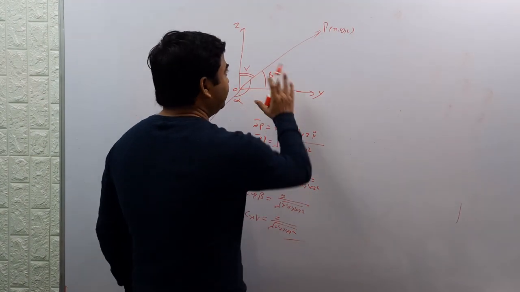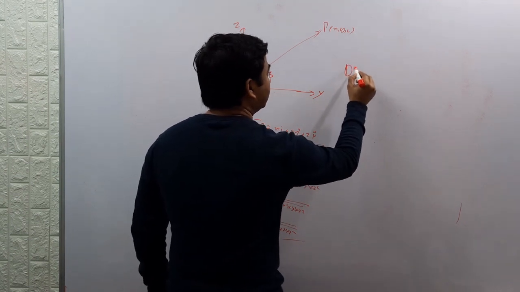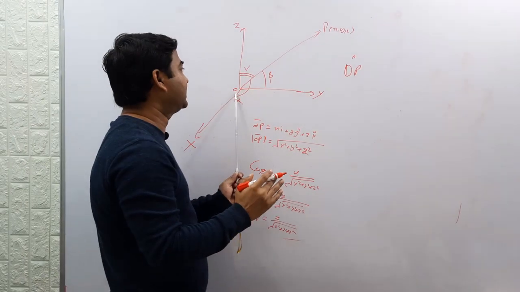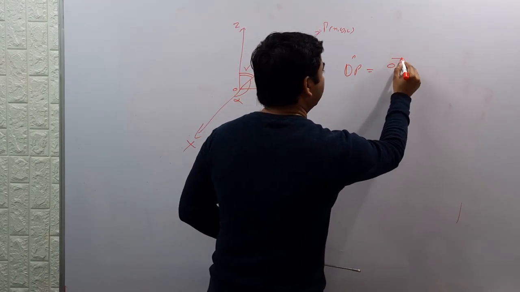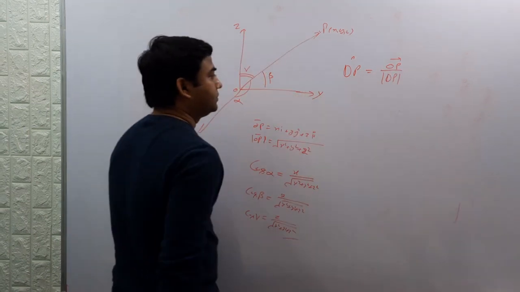Similarly, you can find the unit vector. The unit vector having modulus unity and direction similar to OP will be vector OP divided by mod of OP.